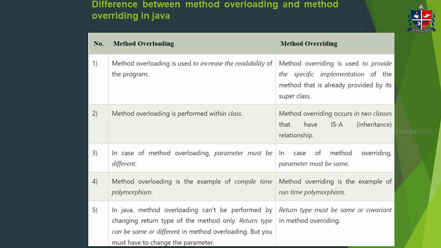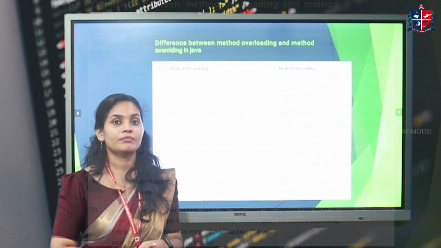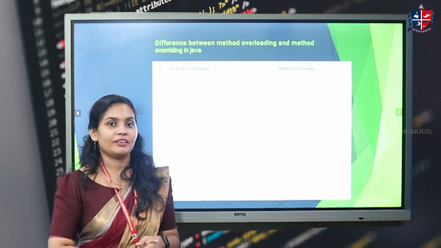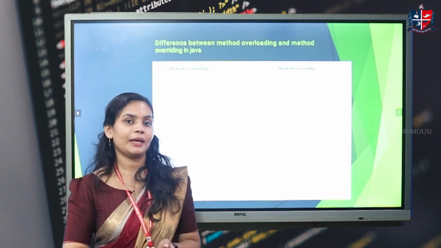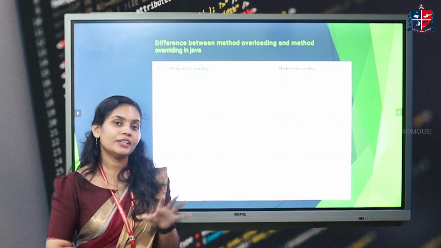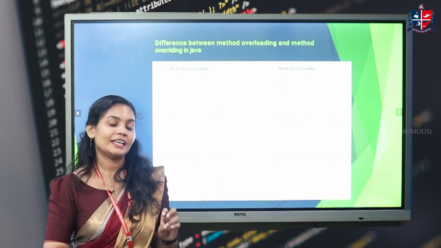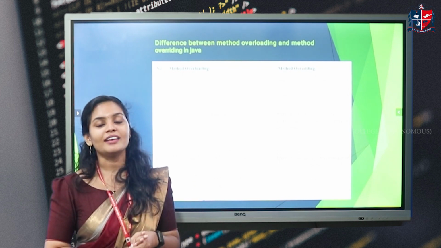Method overloading and overriding are the main features in Java. In method overloading, we can differentiate methods by changing the parameters, or the order of the parameters, or the data types of the parameters. But in method overriding, we cannot change the parameters, because the structure of the function must be the same in the base class and child class.